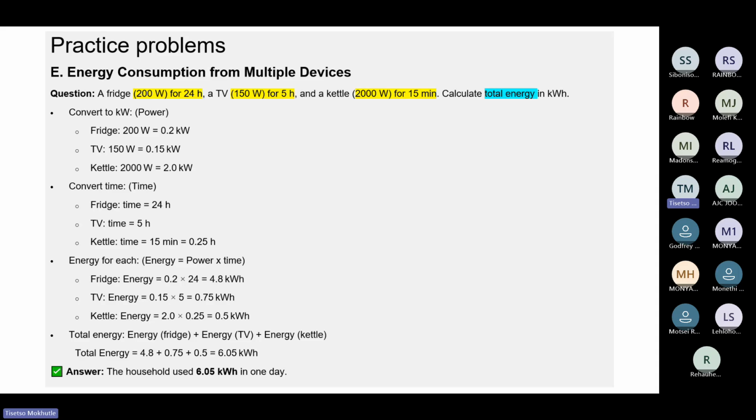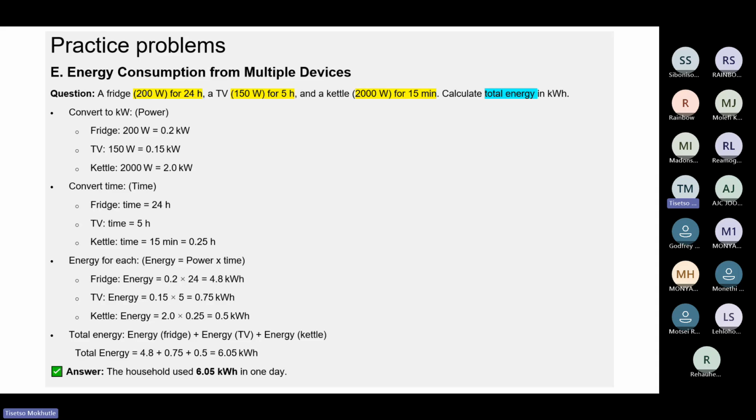A TV has got a 150 wattage label, and it is only switched on in the evening, maybe for 5 hours. A kettle is used very shortly to boil the water, but it's a 2,000 watt kettle. In a day, it's about 15 minutes. Then it says calculate the total energy in kilowatt hours, meaning the energy of the devices.